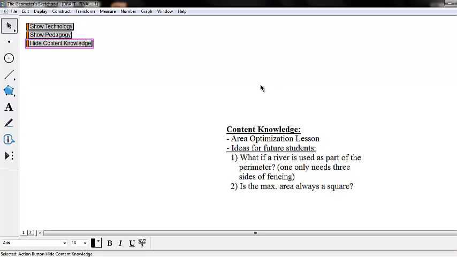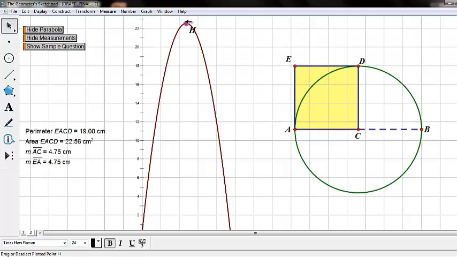So we'll start with content knowledge. I would want this lesson to cover optimization when given a set perimeter, as I already said, and I believe this lesson fulfills that by illustrating that a max area is when point H is at the vertex and the tangent line has a slope of 0.